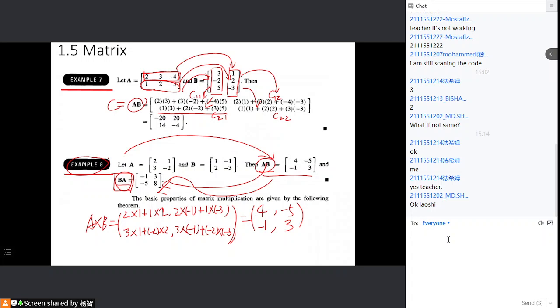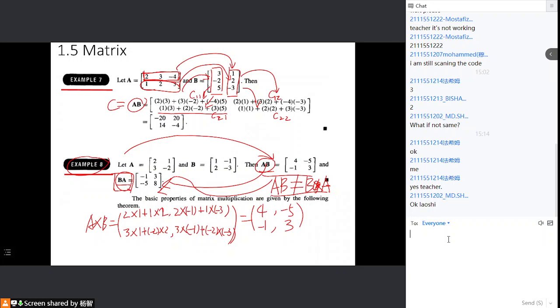The results are different. It means in most conditions, BA does not equal AB. Most conditions.